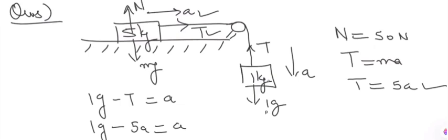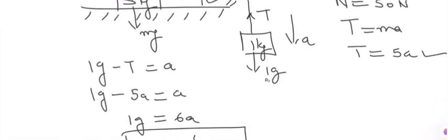We are going to find T after finding A. You apply this value of A over here, 1 over 6 of 10, whether g is 10 or 9.8. You will get one value, and when you apply it in this equation, you will get the answer for tension also. Any doubt? Sure? Very good.